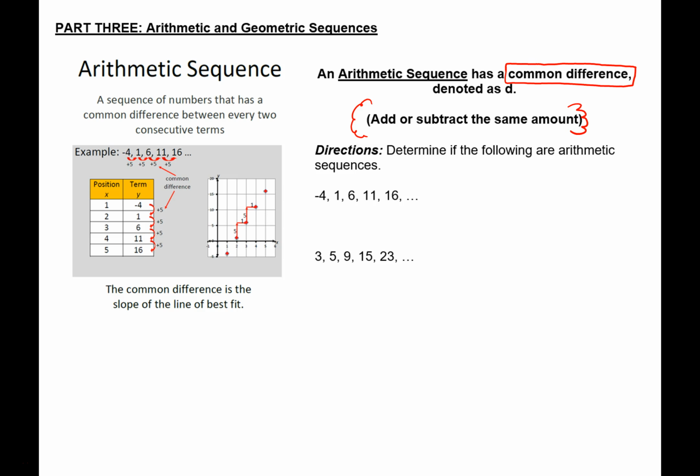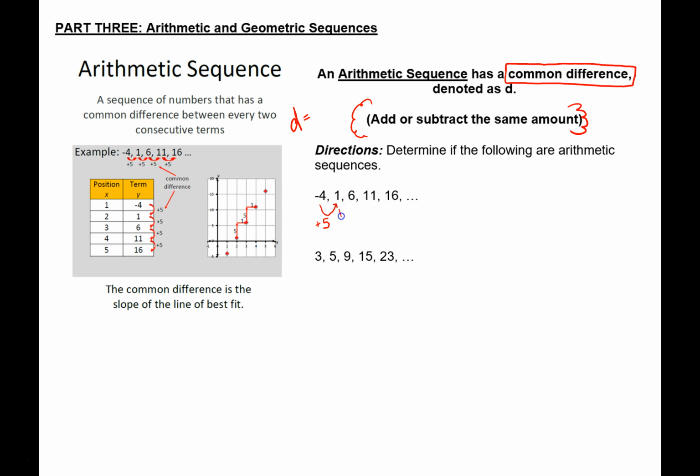And whatever that pattern is, we're going to say d is equal to that pattern. So if we look at this first list of numbers, if we are trying to add to get from -4 to 1, we have to add 5.